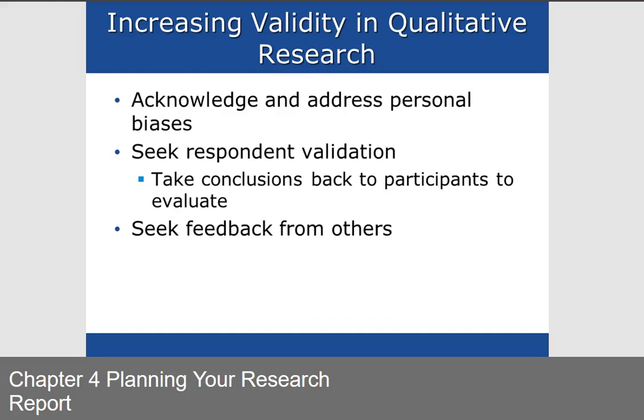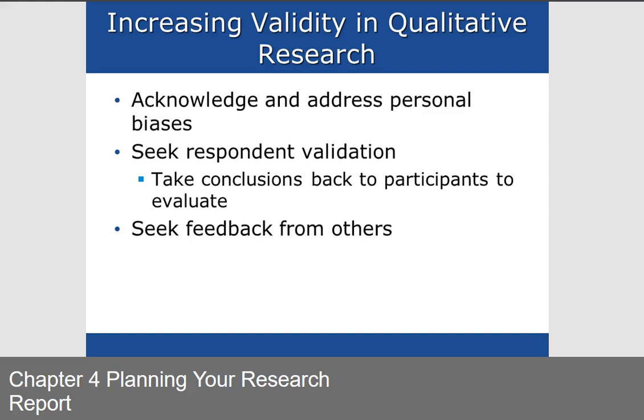And with qualitative data, as I mentioned earlier, we need to address our personal biases. We are the tool by which the data will be analyzed. And with that, we have our own biases because we're looking for certain things based on our hypotheses and our research questions. Based on those research questions, we want to make sure that we don't only find what we're looking for.